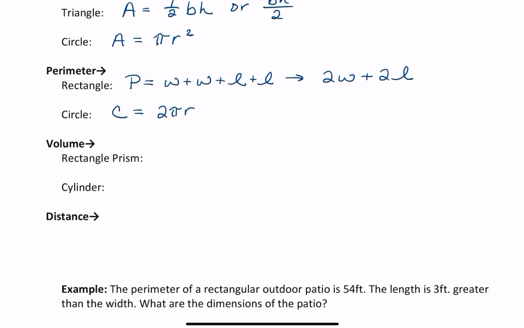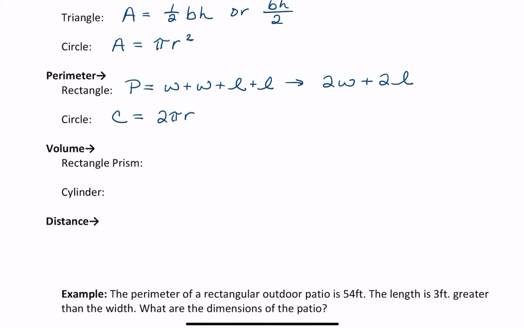When you go into volume, a rectangular prism is length times width times height, which, notice, length times width is your area of the base, and then you multiply it by the height. Same thing for a cylinder. It has a circular base, so it's going to be the area of the base, pi r squared, times the height.